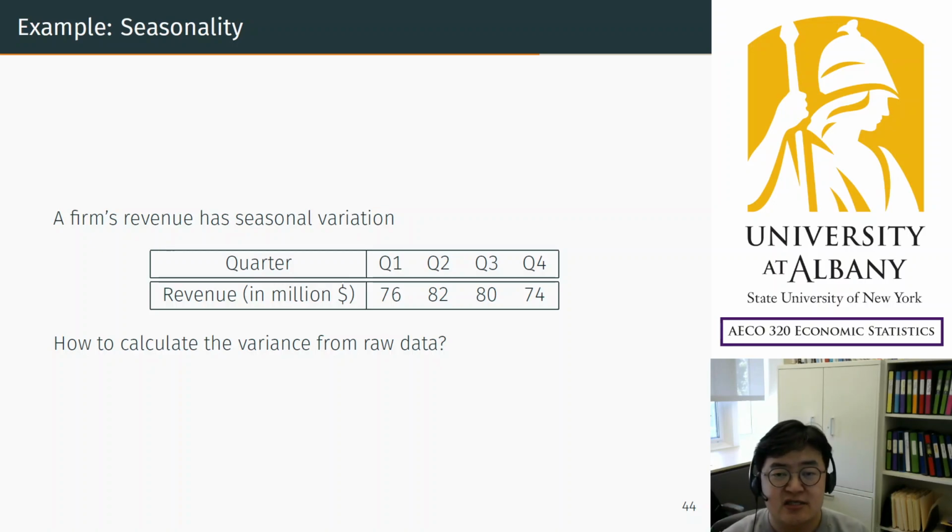As a special case, when you don't have the probability distribution table, but only have observations, only have the data, then you may treat the data as equally likely outcomes, and so you are going to weight them with 1 over n.